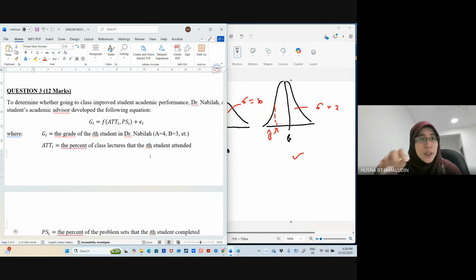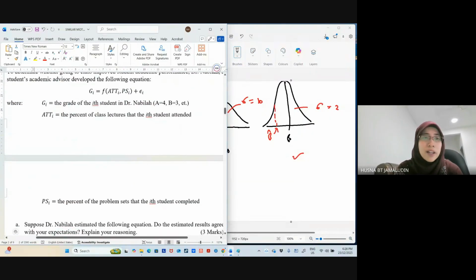So you have this equation. Okay, G is what? The grades of I student in Dr. Nabila's class. Okay, so there are many ways on how to analyze students' performance, right? In IUM, normally we wanna measure student performance in terms of CGPA, isn't it? We are using CGPA. Okay, but we can also have the grades. ATT is the student's grade as a function of the percent of class lecture that I student attend.